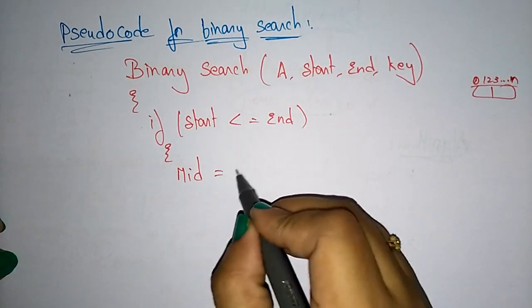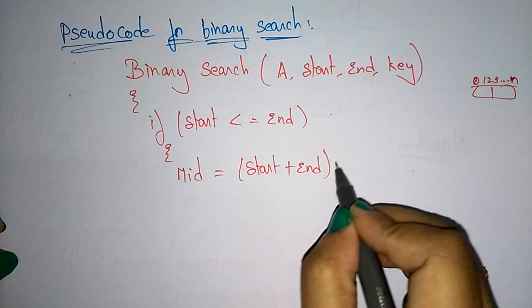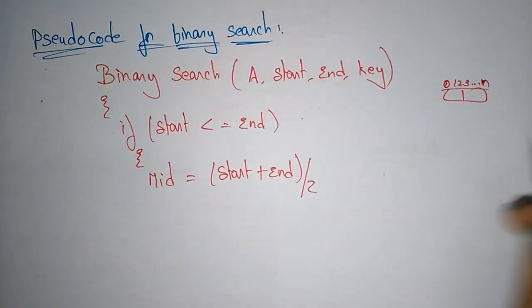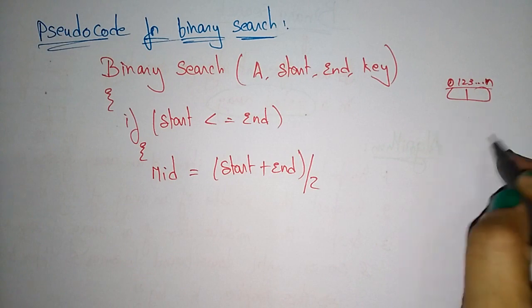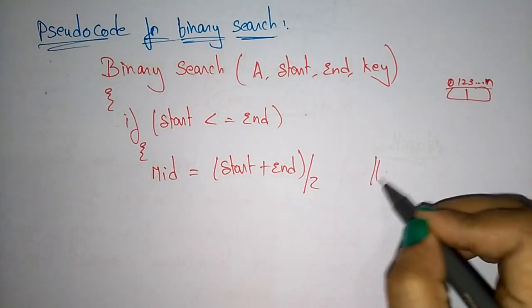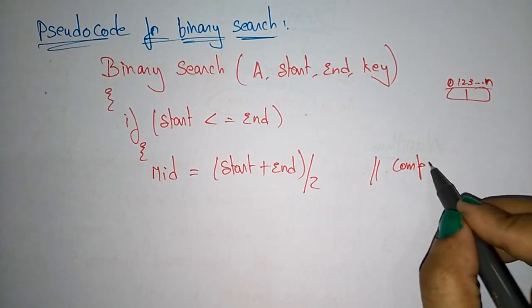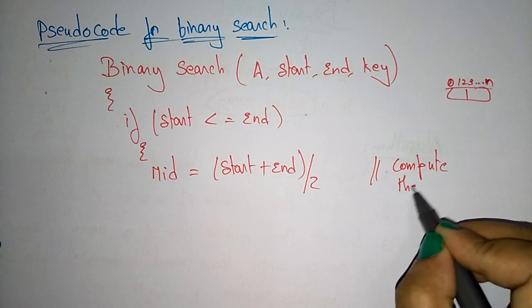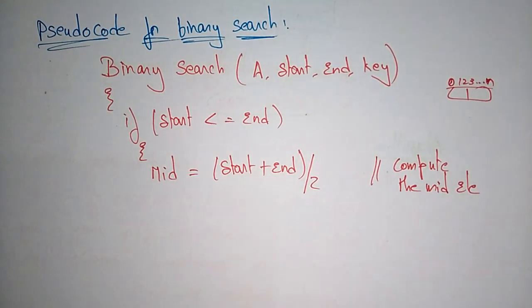Mid is equal to (start plus end) by 2. Here I am taking start as 0 and end as n, so mid is n by 2. It's just computing the middle element.